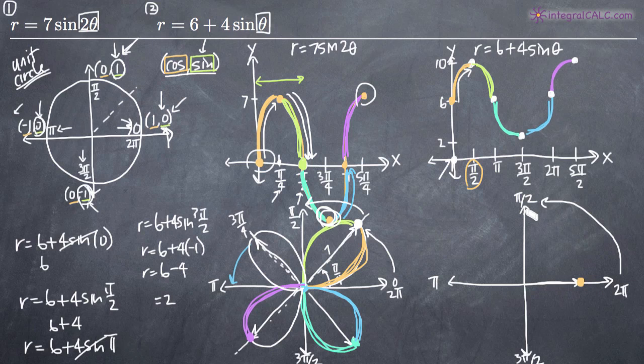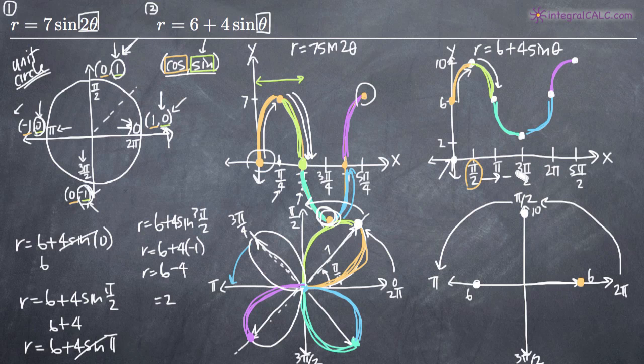When we come out here, we're going to be at 10. So we come all the way up to 10, call this 10, and that'll get us here to 10. Then as we move from pi over 2 to pi, we come down from 10 back to 6. So if we plot a point here, again we'll call it 6, we'll be there at that distance, and we'll connect these in a second.